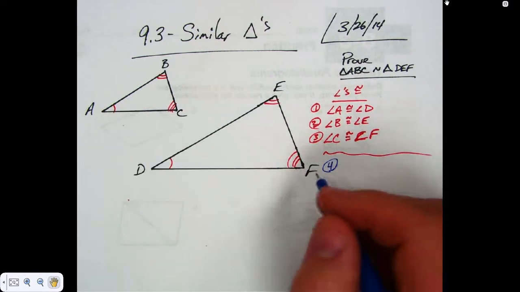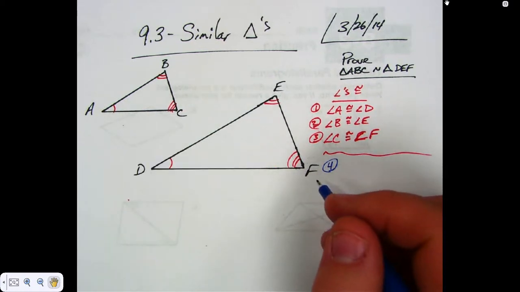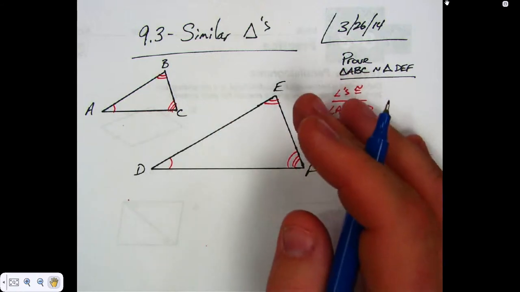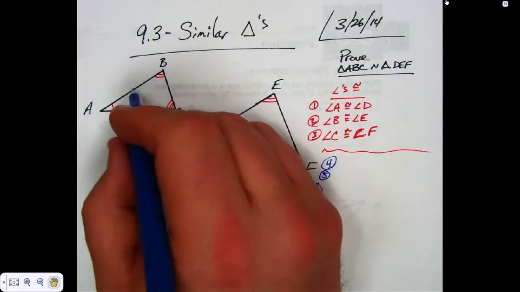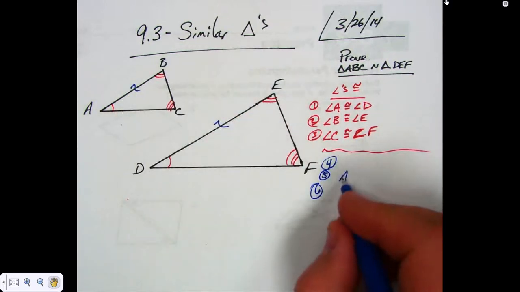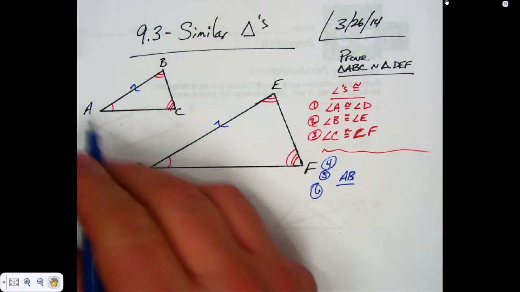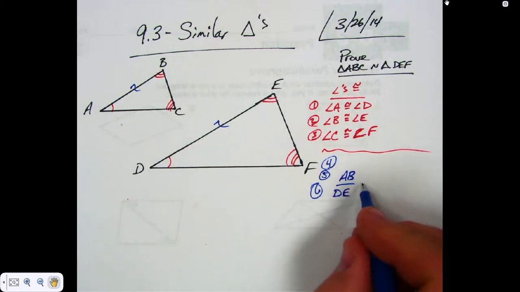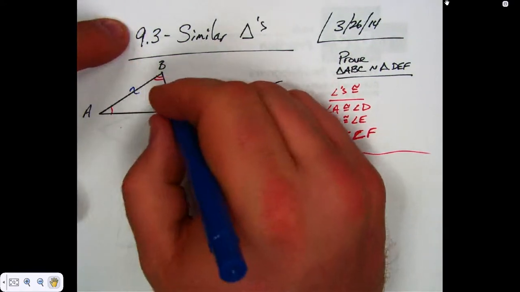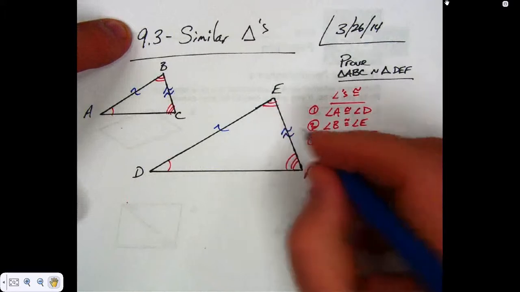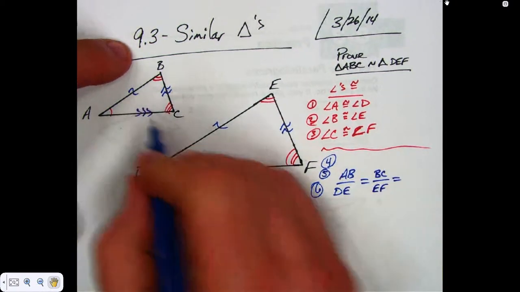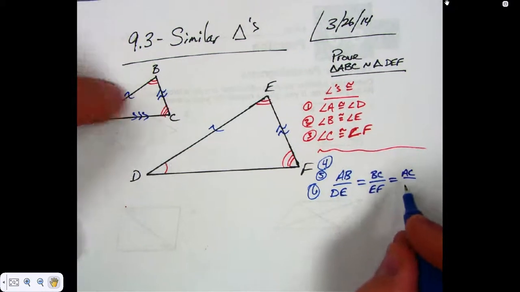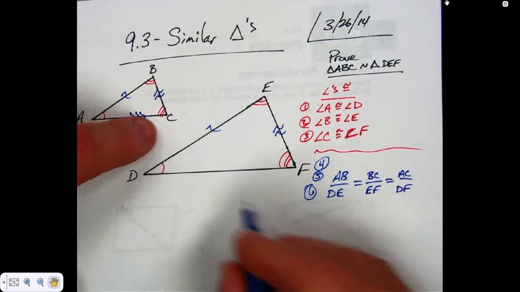You would have to prove that the corresponding sides were proportional, that AB over DE would have to equal the ratio BC over EF, which would also have to be equal to AC over DF.